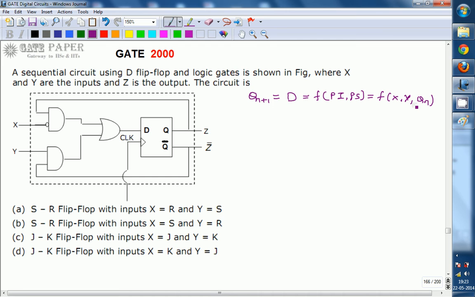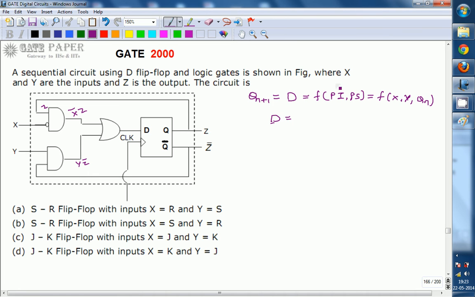Now Qn plus 1 is nothing but D, and from the circuit, D can be written as: this is Z, so here you get X bar Z, and here this is Y and Z bar, so you get Y Z bar.